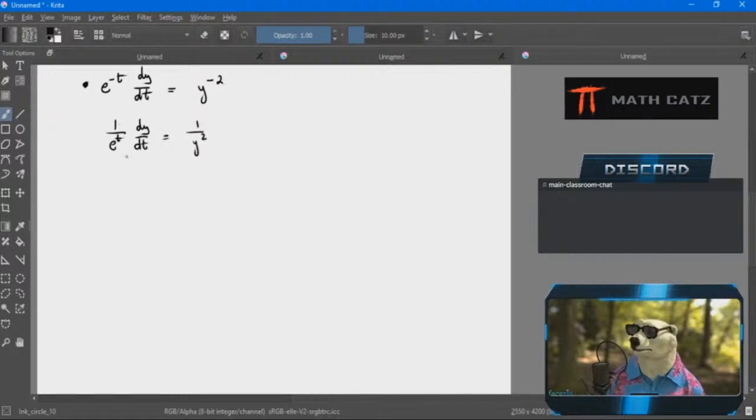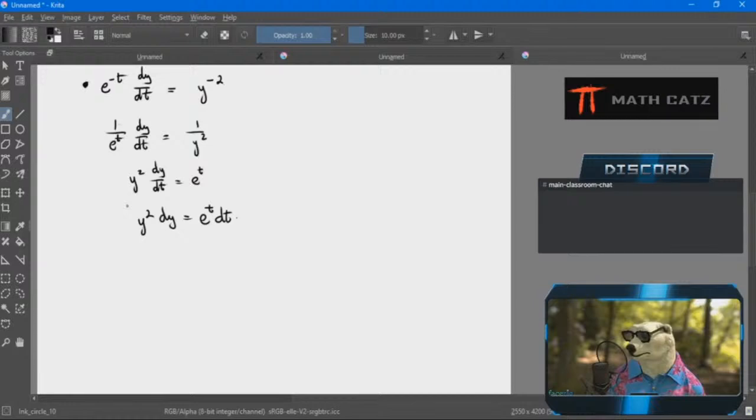Then I see I have to multiply by y squared and by e to the t. And then I would have them nicely separated. Last thing to do, separate the differentials as well, to get to my separated version of the differential equation.